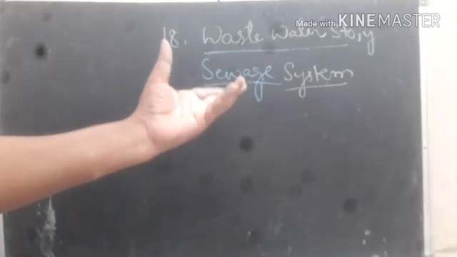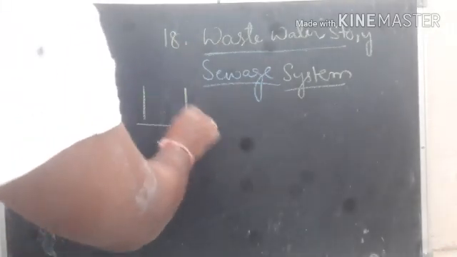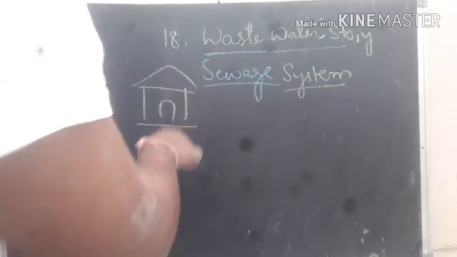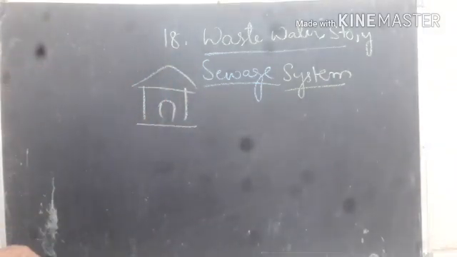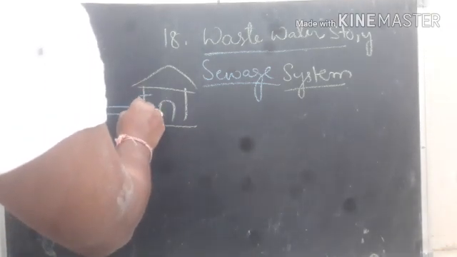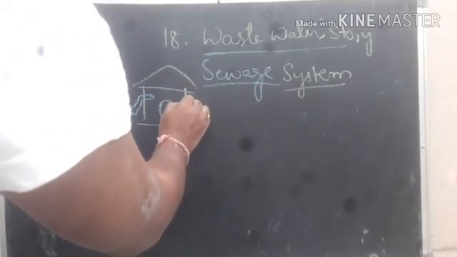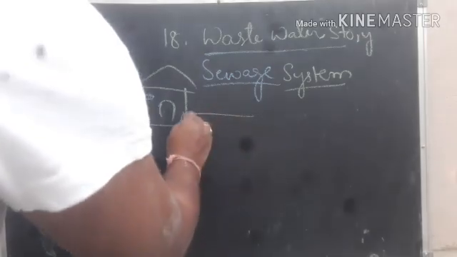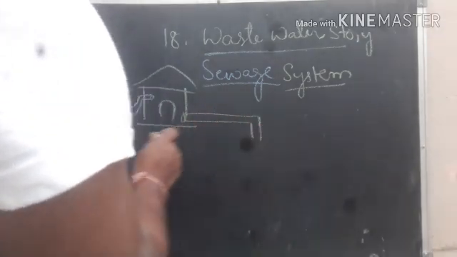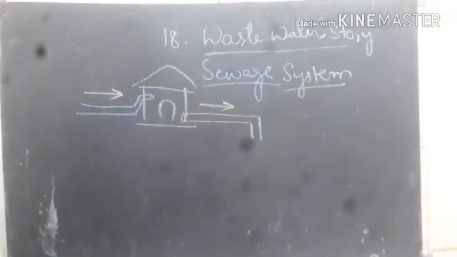For example, in every house we have two types of pipelines. The first pipeline brings water to our house, and the second pipeline takes the water from our house. The first one is the incoming pipe, and the second one is the outgoing pipe.